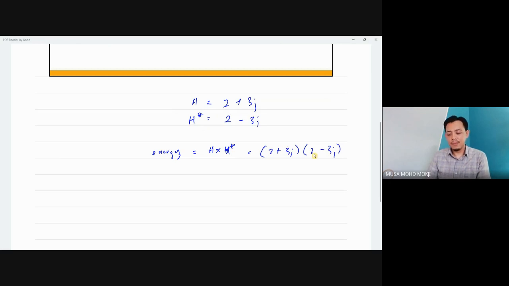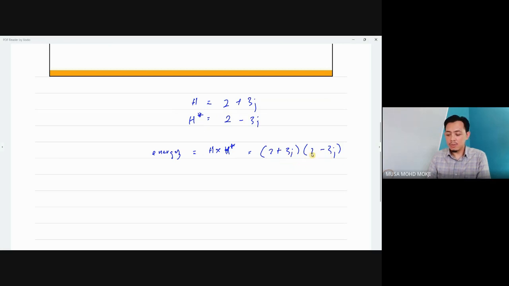Simple multiplication. 2 multiplied by 2 is 4, 2 multiplied by minus 3j, and then plus 3j multiplied by 2, and then 3j multiplied by minus 3j. So j and j multiply, and you get minus 1.